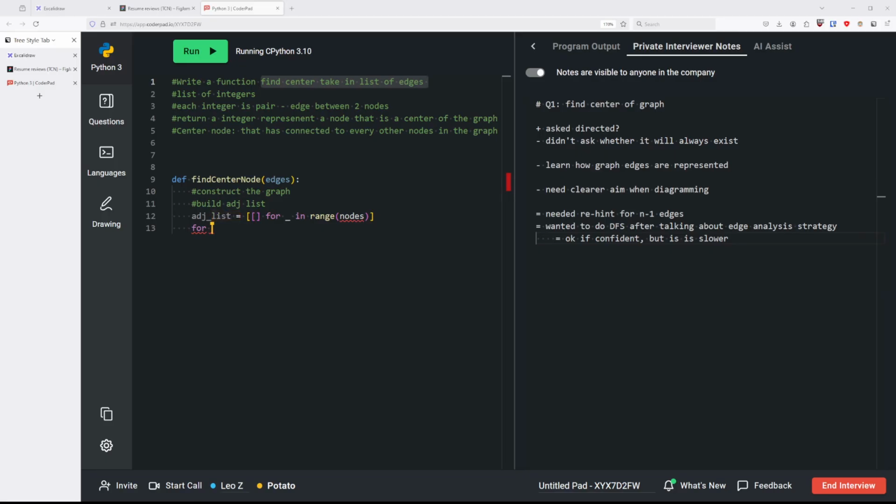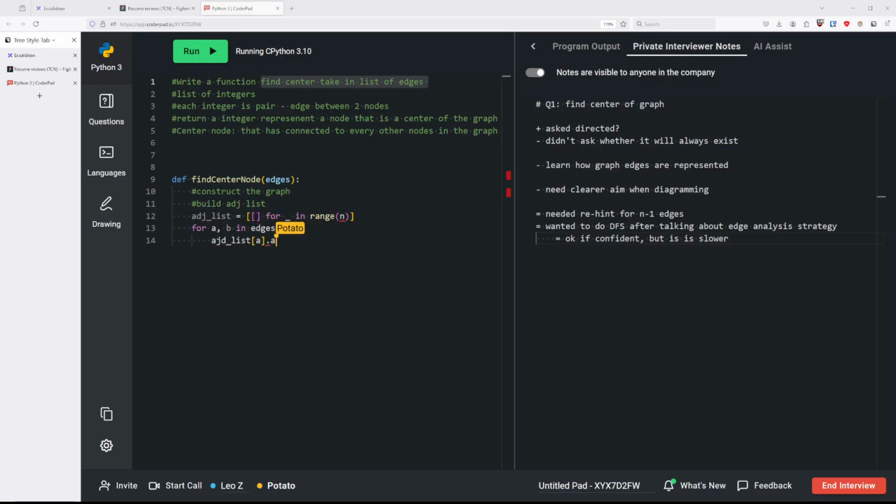So maybe for a, b in edges, we would need to construct the adjacency list.